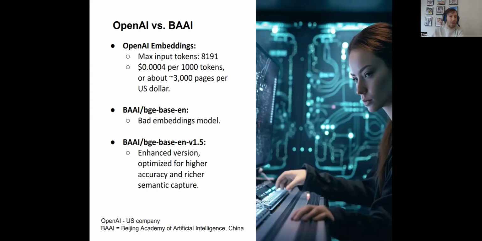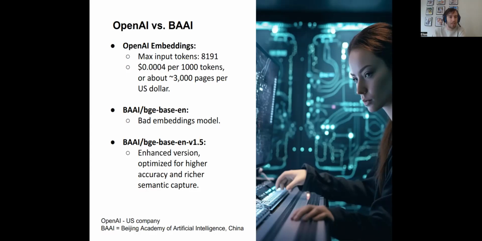One I would consider a bad embedding model, but the other is supposed to be better, an enhanced version optimized for higher accuracy and richer semantic capture. The OpenAI embedding has a characteristic that I consider very important: a very big amount of tokens that you can have per embedding. So when you retrieve data, it has access to more information.